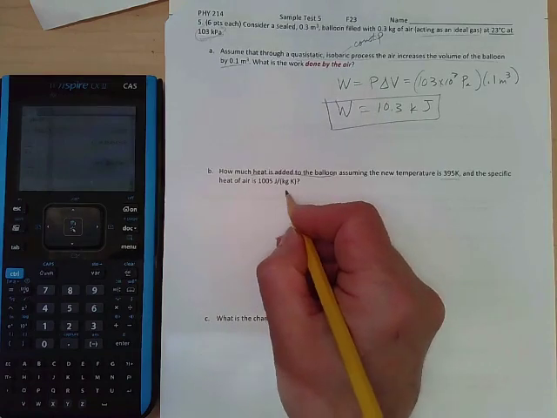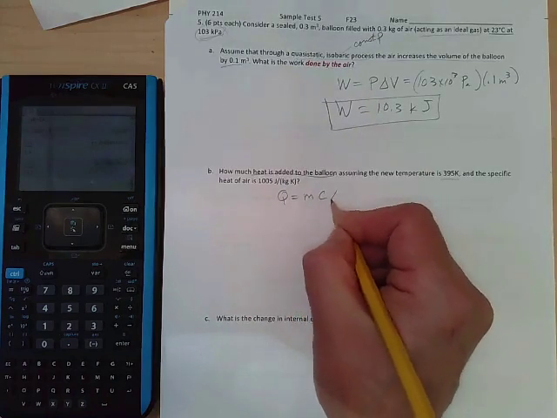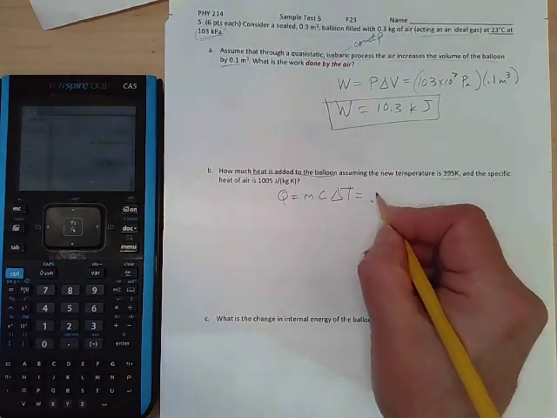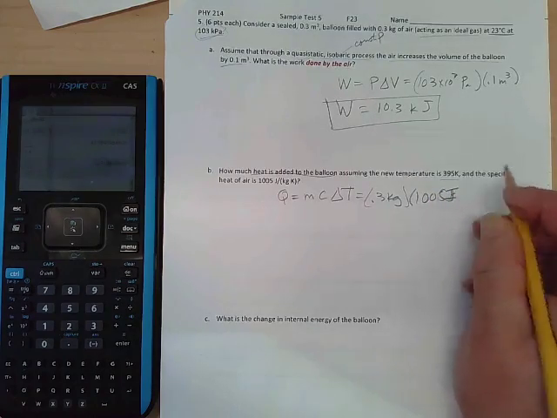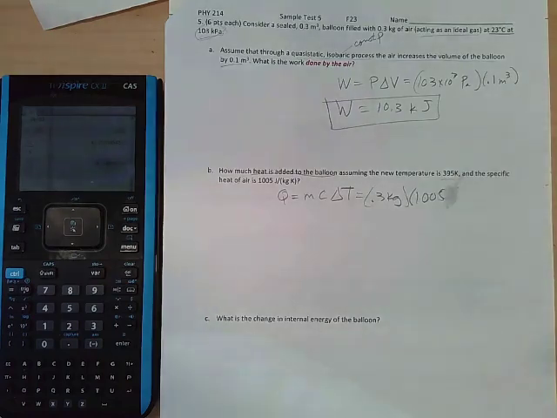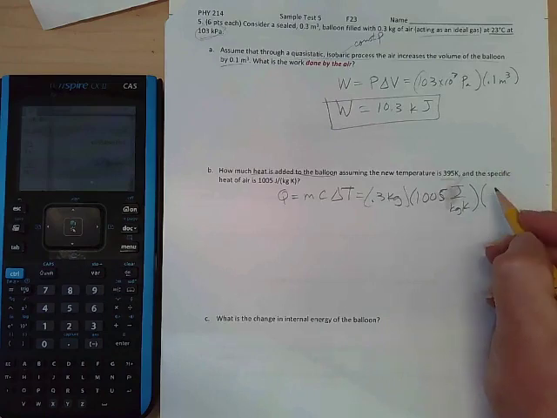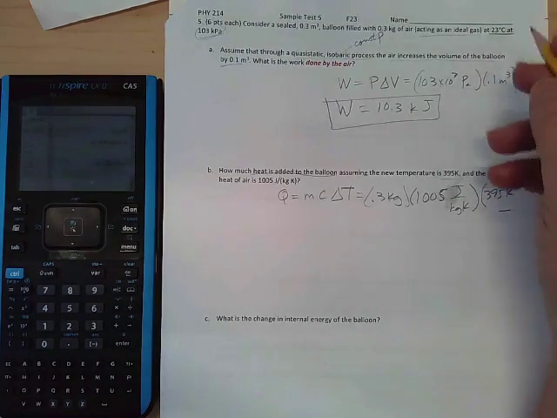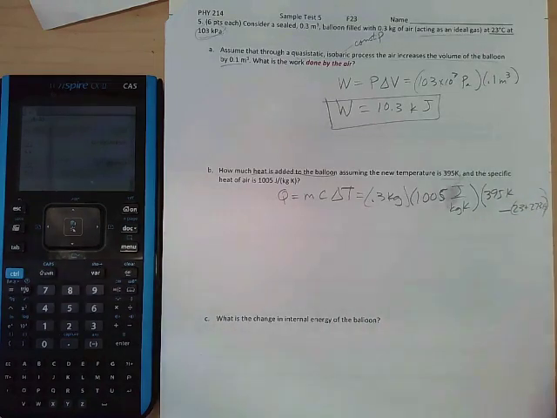Heat added, so that's asking for Q. We're given temperatures and specific heat, so we're going to use m c delta T. We got m, 0.3 kilograms, times c, 1005 joules per kilogram Kelvin. For delta T, let's do Kelvin. So T final is 395 Kelvin, and initial temperature was 23 plus 273.15 to get it into Kelvin.